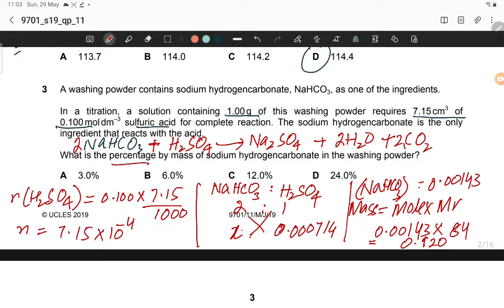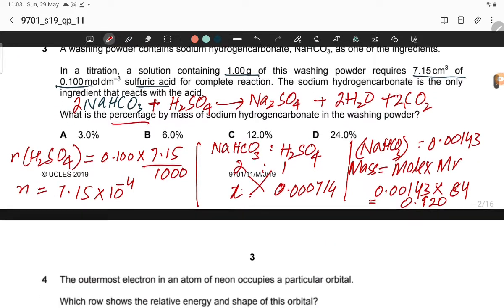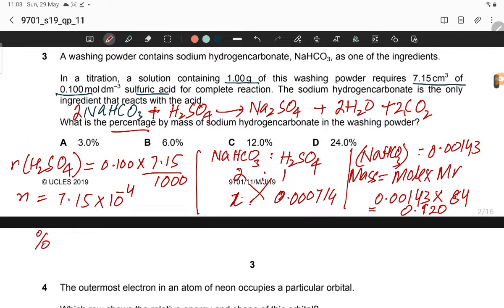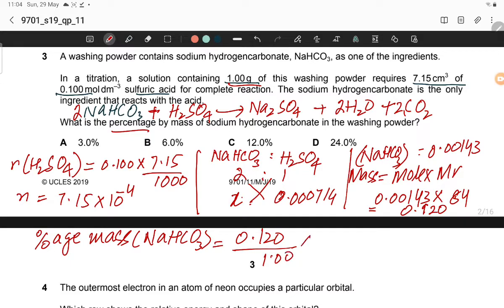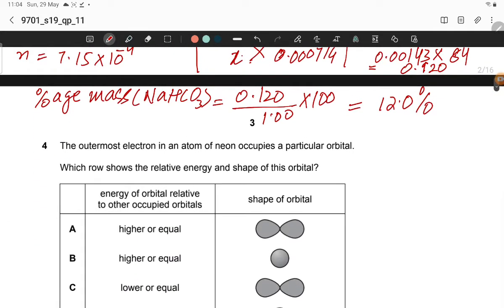What is the percentage by mass? Percentage mass is equal to 0.120 over 1 gram mass, into 100, which is equal to 12.0%. So C option is the correct option.